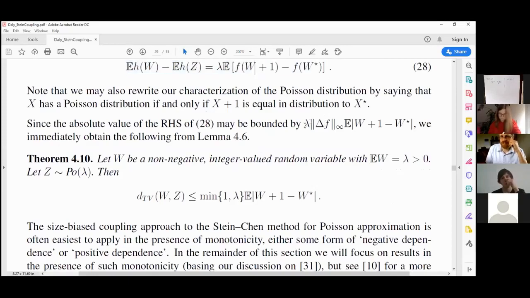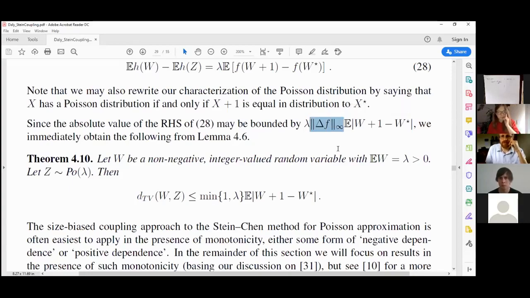I can explicitly write down a bound on what's going on here in terms of how far apart the shifted version and the size bias version of W are, in terms of the size of the increments of this solution f. Oh, we've got a lambda kicking around at the front there as well. Those increments were bounded by the minimum of 1 and 1 over lambda.